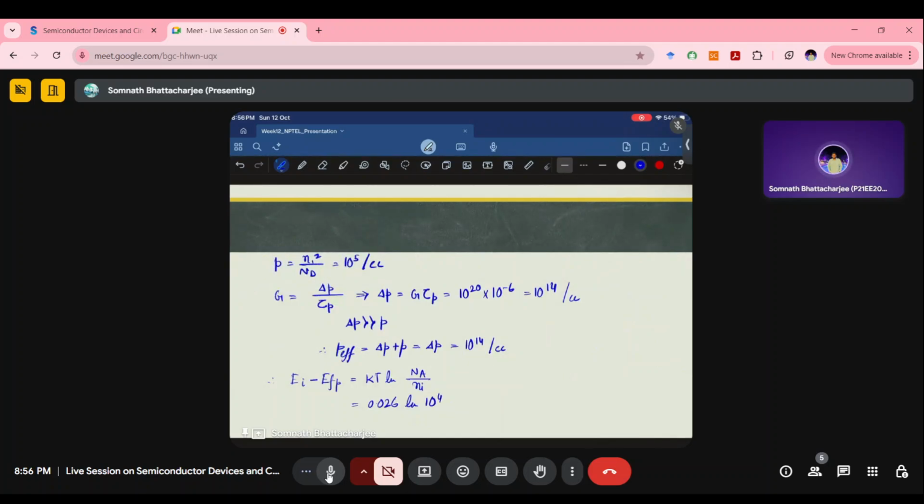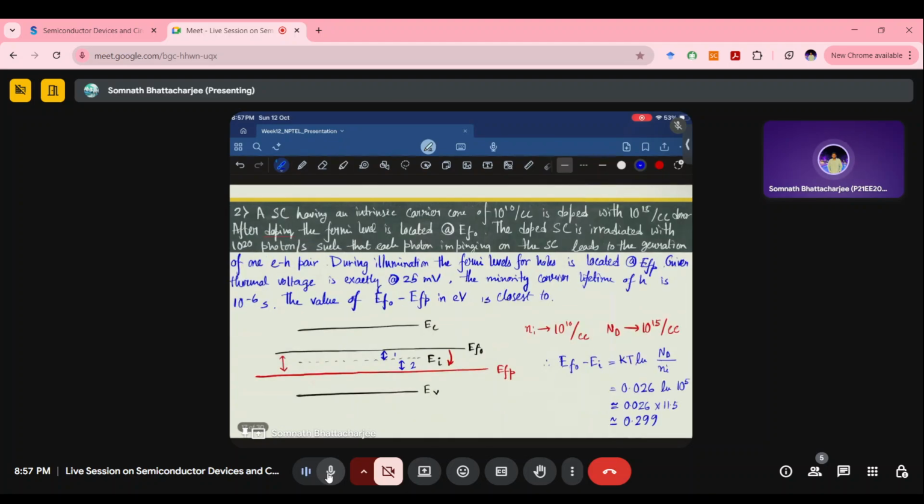Let me put that in the equation. So ln 10 to the power of 4 is 9.21, and 0.026 multiplied by 9.21 gives a value of nearly 0.2394.